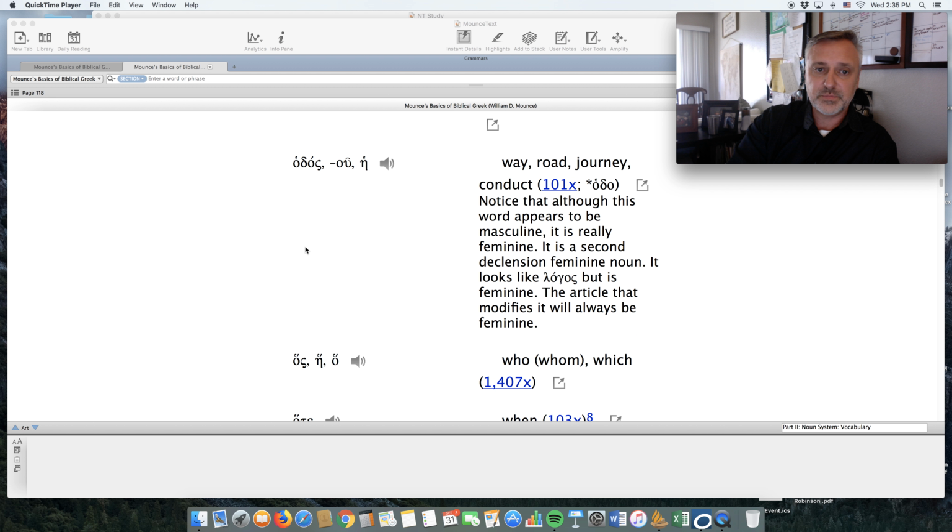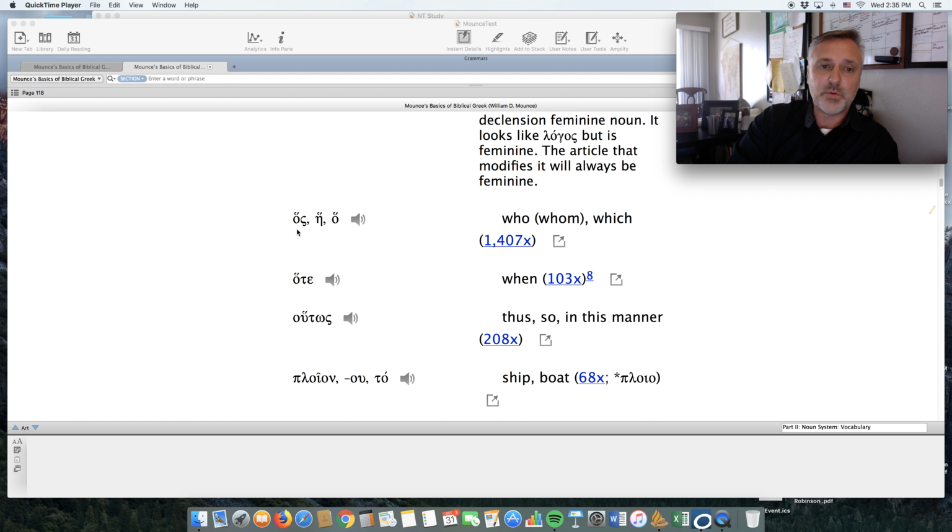All right. Here's our relative pronoun, hos, he, ho, and it translates as who or which. You can see the amount of occurrences of the relative pronoun here, and that makes sense, so be very familiar with the relative pronoun. All right, here we go. Hote, meaning when. Not to be confused with hoti, which is that, since, or because.